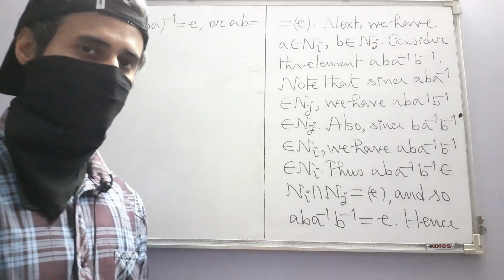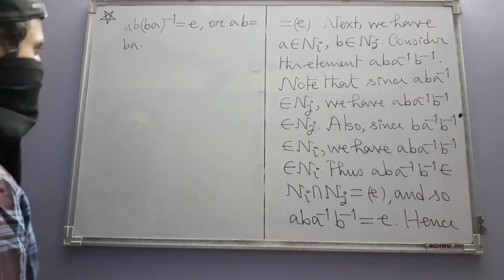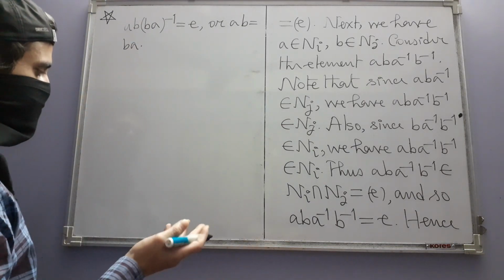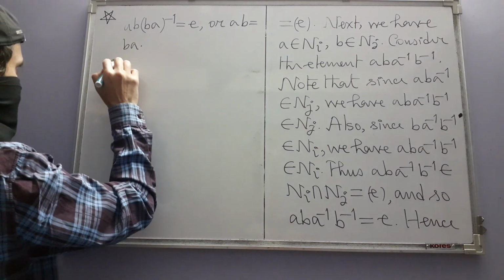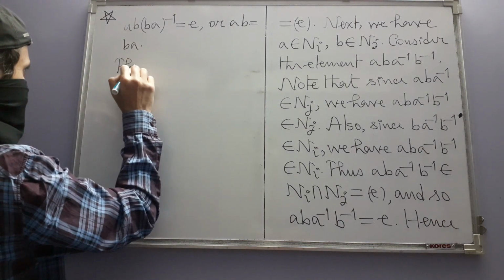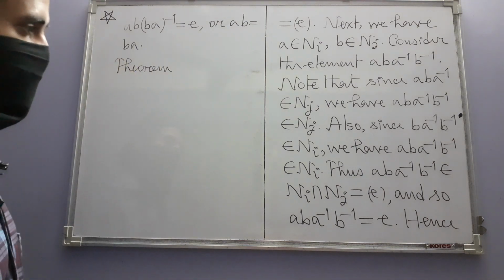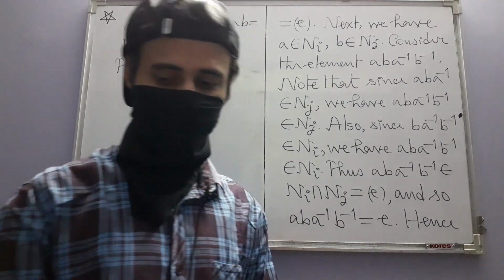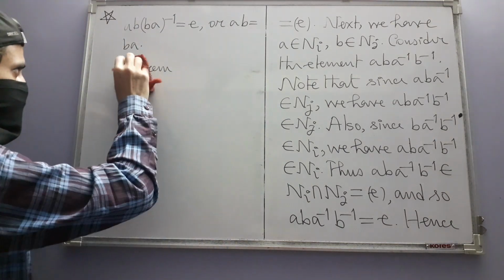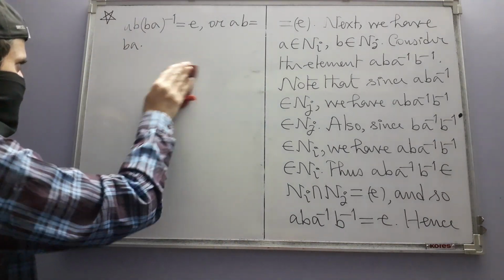And now we can state and prove our main theorem, isomorphism between the external and internal direct product. But before we prove the theorem, there is one remark by the author. I forgot about it. Suddenly I remembered.